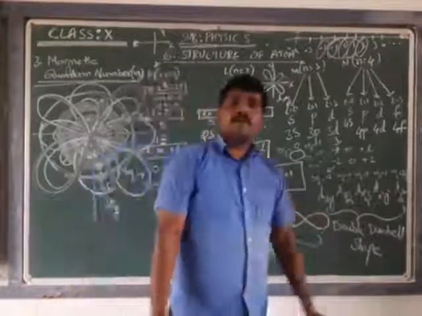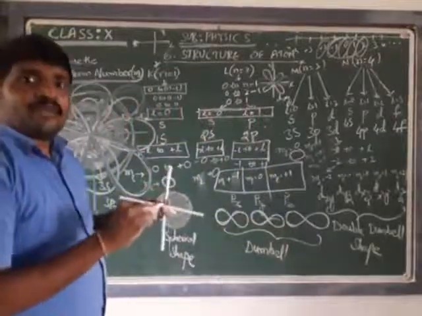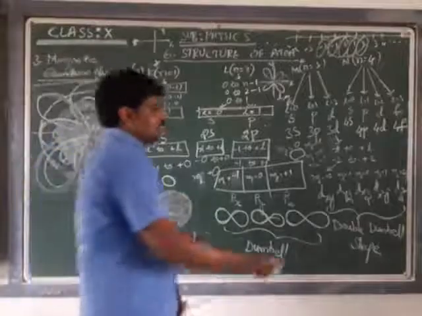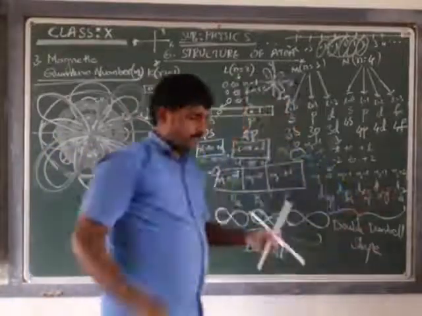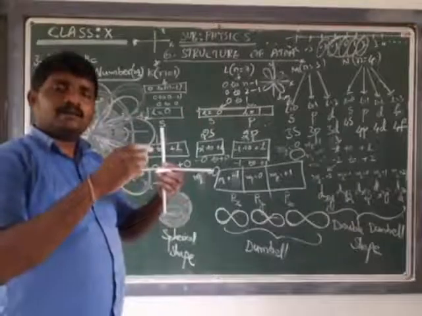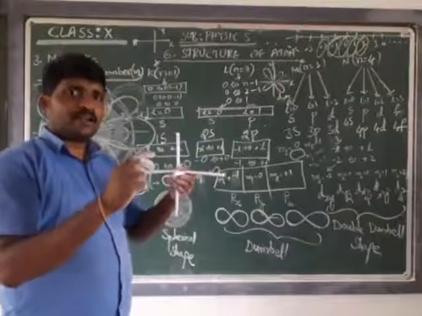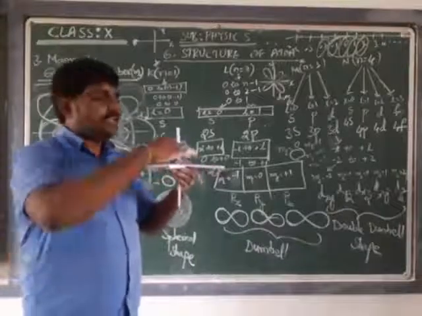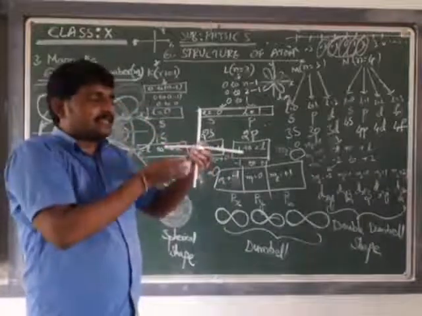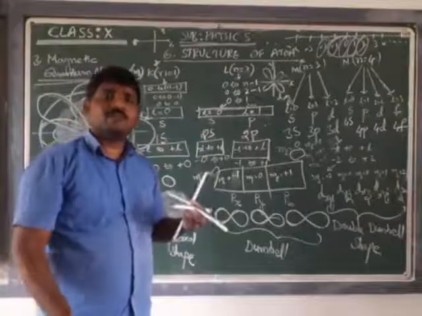Now x square minus y square. How will it be? It is the same as px and py, how they are getting organized. If one dumbbell is along the x-axis and one dumbbell is along the y-axis, the combination of these two will become dx square minus y square.